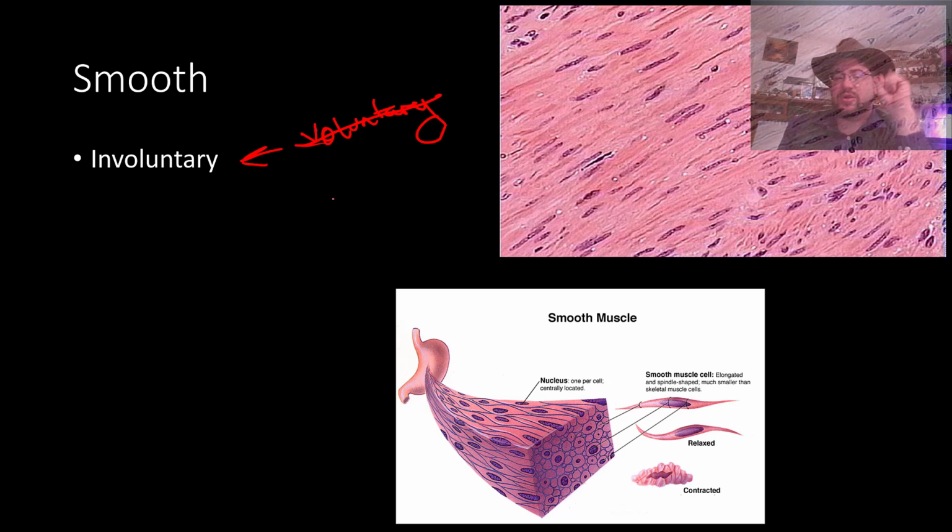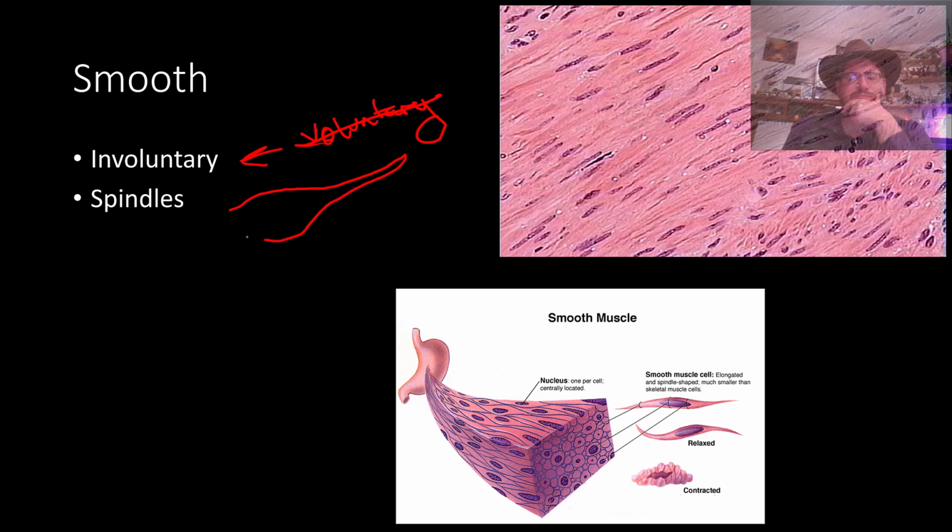So involuntary is important for smooth muscle. You don't want to have to think about doing all the things associated with your digestive tract and your blood vessels. The muscle fibers are spindly. So if you look at them, they're kind of spindly like that.